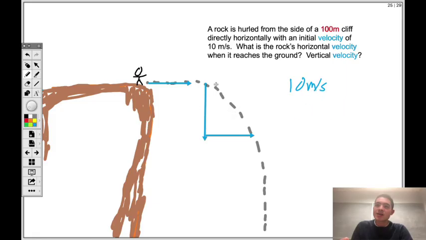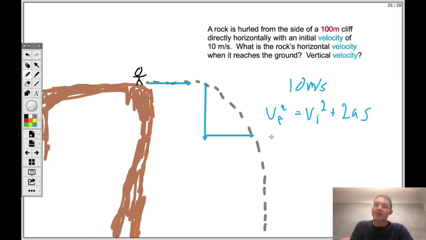On the other hand, the vertical velocity is subject to the acceleration of gravity, so it will continually increase. And so to determine the final vertical velocity, we have to use one of the kinematic equations. Since we are given initial velocity, acceleration, and displacement, and we're solving for final velocity, we can use this equation.